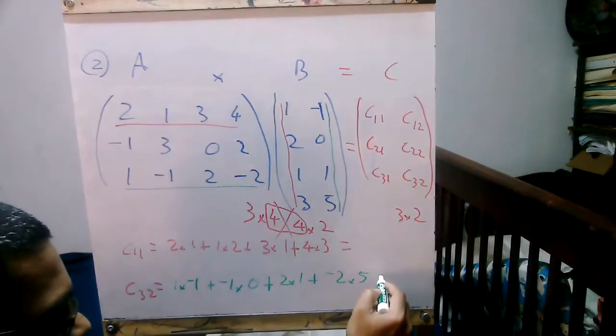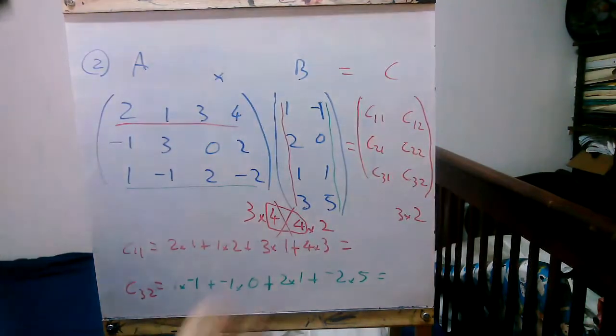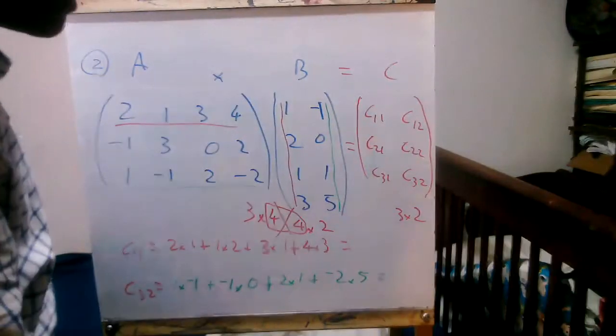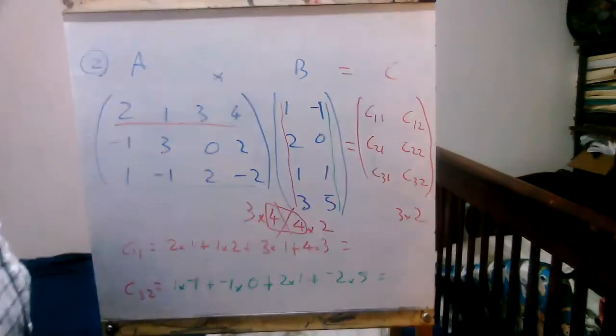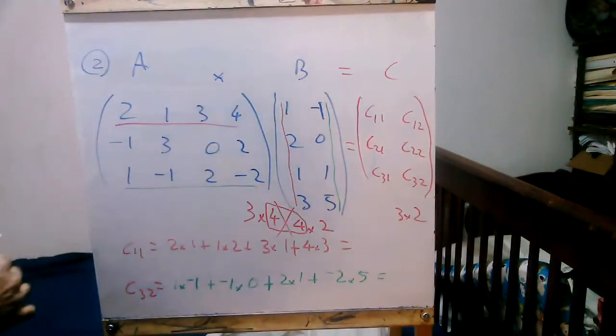Find the answer, right? Likewise, find all these 6 numbers and do the matrix. That is the product between these two matrices A and B, right? Complete that.